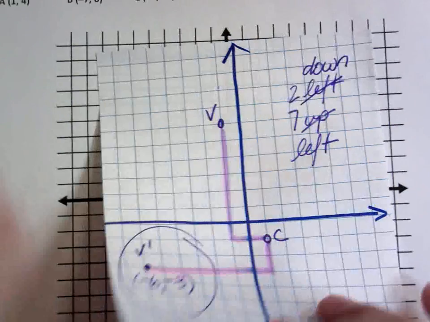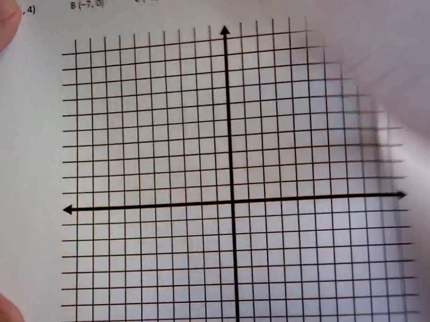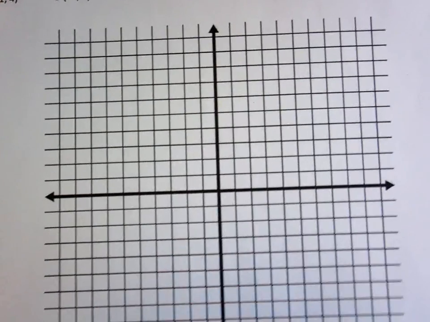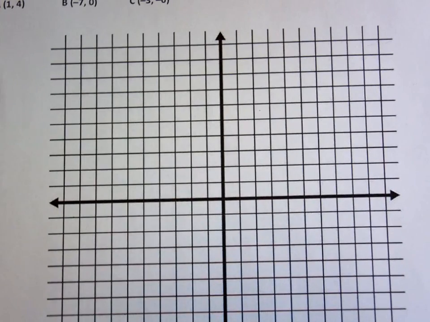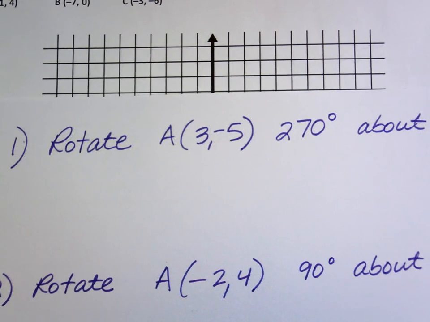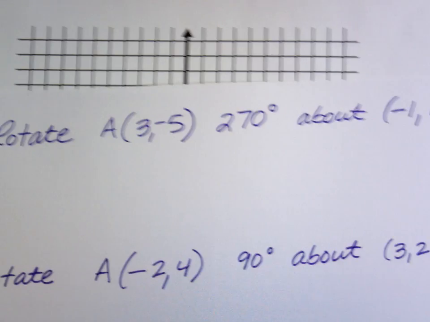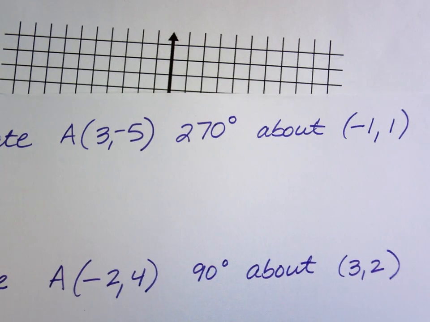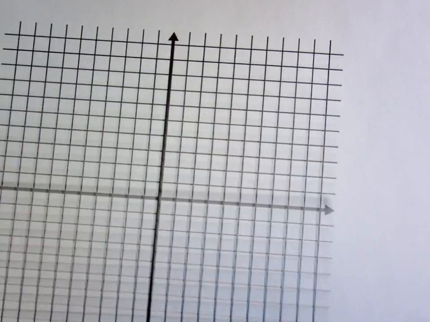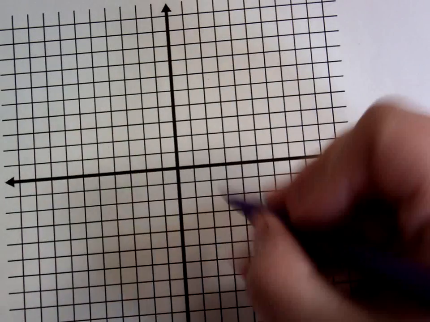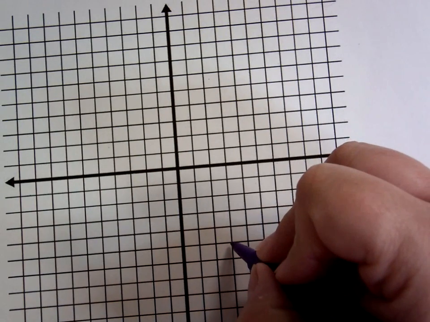I want to show you two more ways of doing it that are more about adjusting the big picture. Okay, so let me give you an example. Problem number 1 here. We're going to rotate the point 3, -5, 270 degrees about the point -1, 1. So 3, -5 is right here.